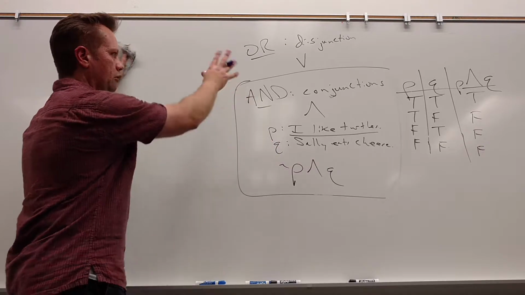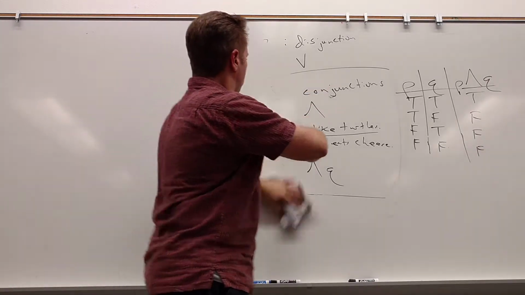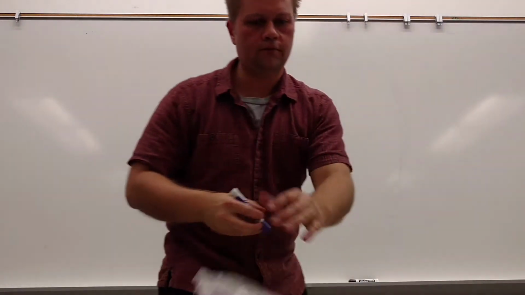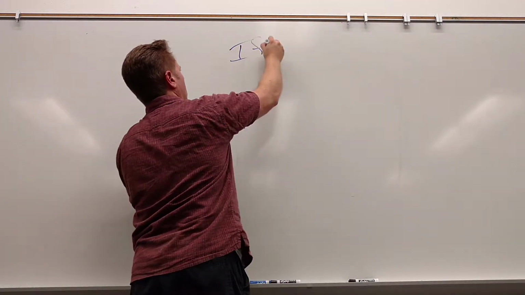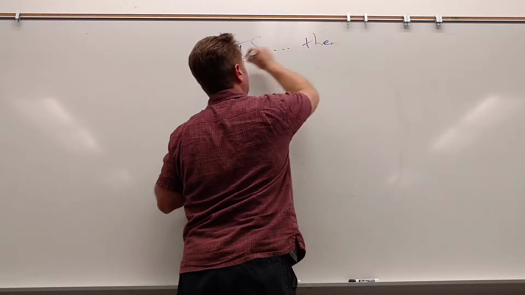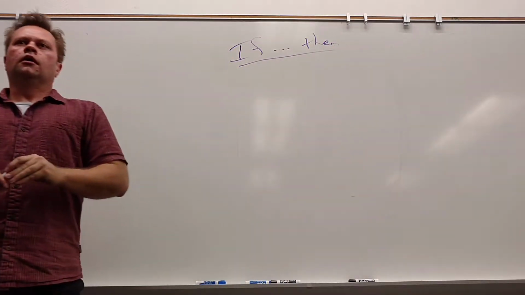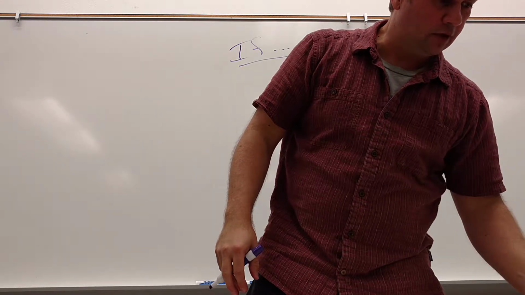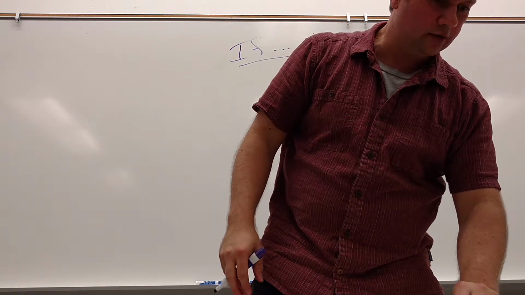Alright, so that's and, or we talked about. Let's talk about if-then. And this one always freaks people out, but ain't much I can say. I've been using this example forever, and the book now has the same example I use. It just makes sense.